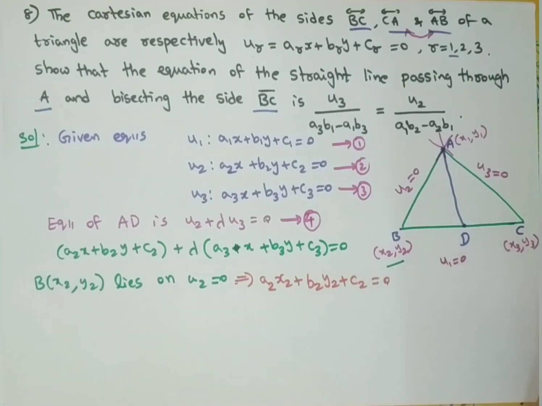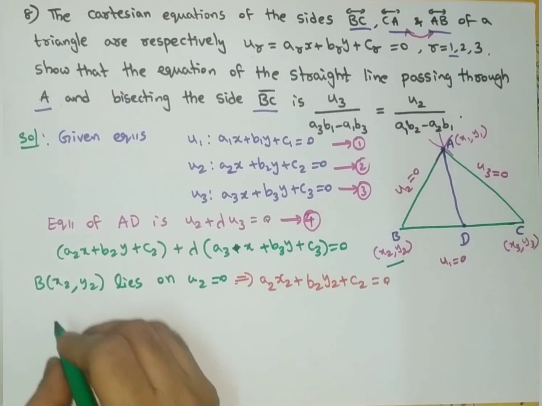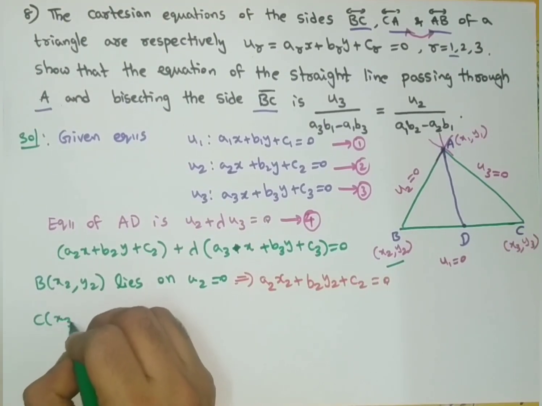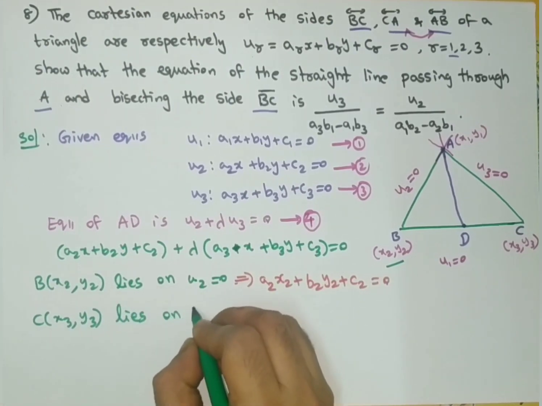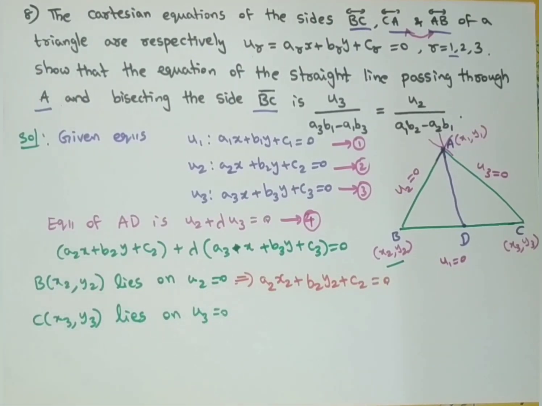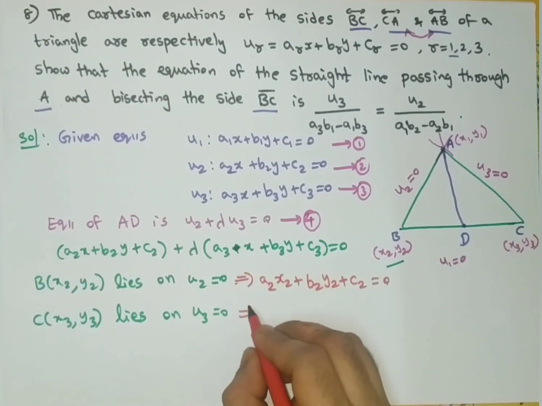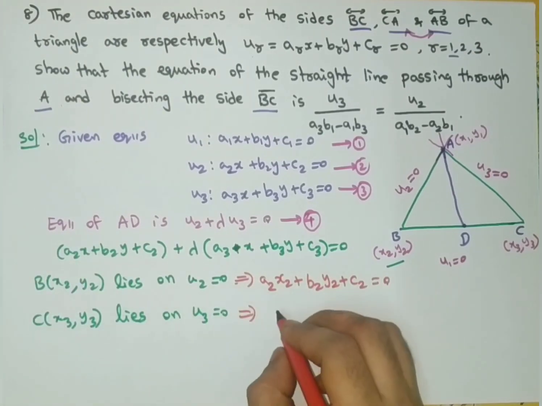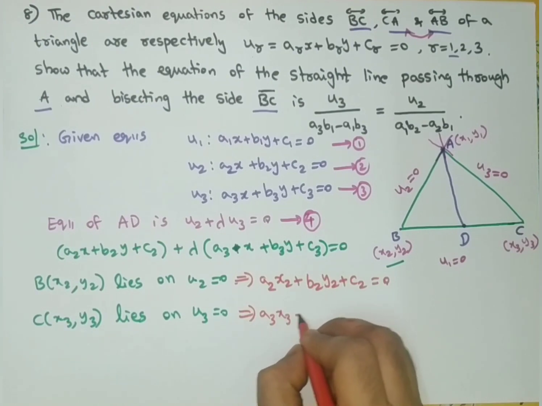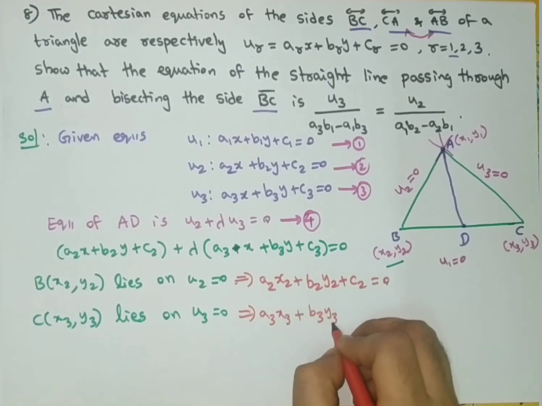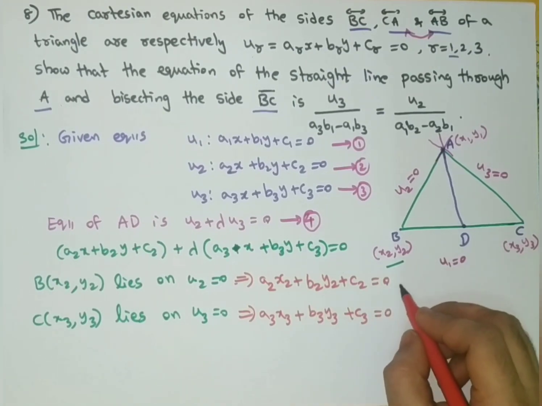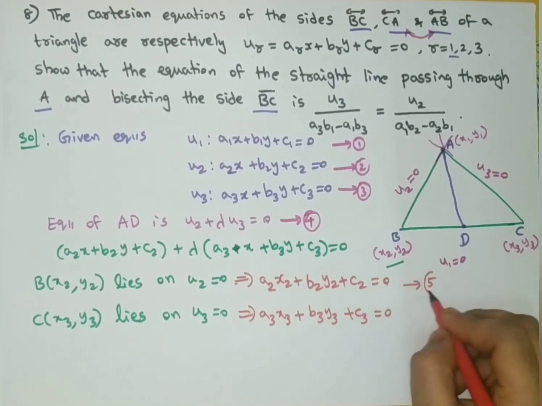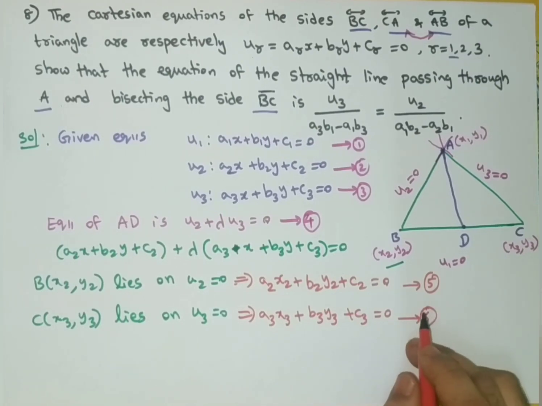Similarly, the point C(x3, y3) lies on u3 = 0. Substituting these coordinates in place of x and y, a3x3 + b3y3 + c3 = 0. Make these equation 5 and equation 6.